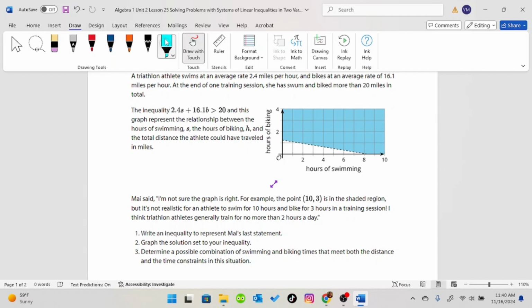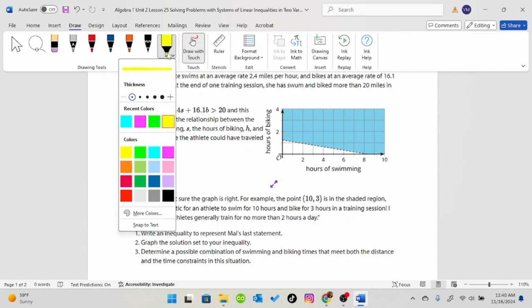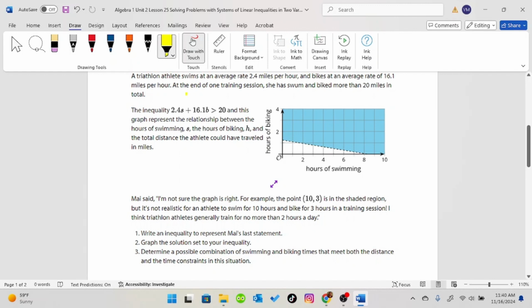So, looking at the problem, we know that S represents the hours of swimming and that H represents the hours of biking. So if we were to add these together, S plus H. Mai said no more than 2 hours a day.